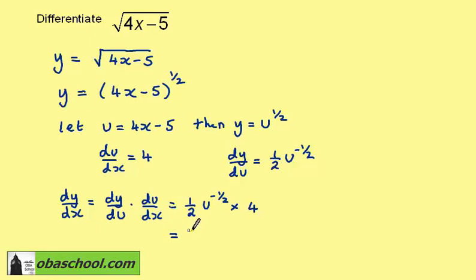A half times 4 is 2, and we have u to the minus a half. We know u is 4x minus 5, so it's 2 times 4x minus 5 to the minus half. We've done the differentiating, but we could tidy this as 2 over the square root of 4x minus 5.